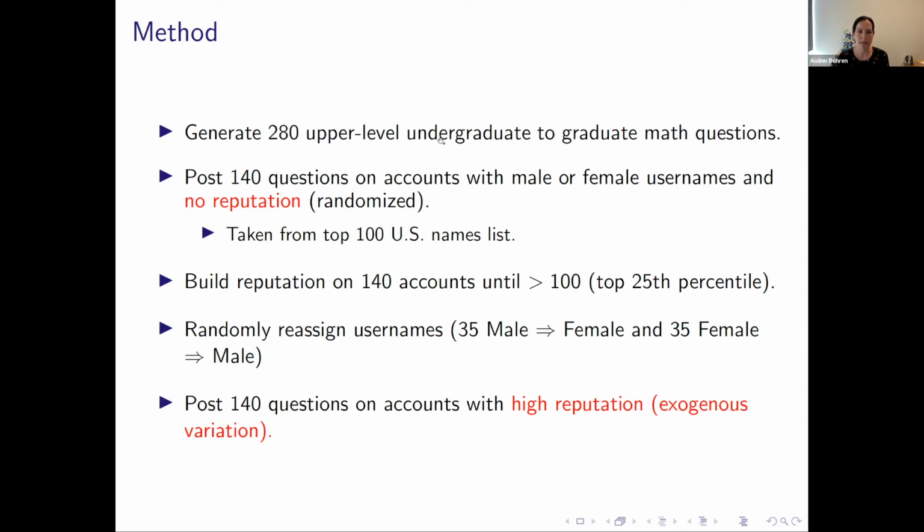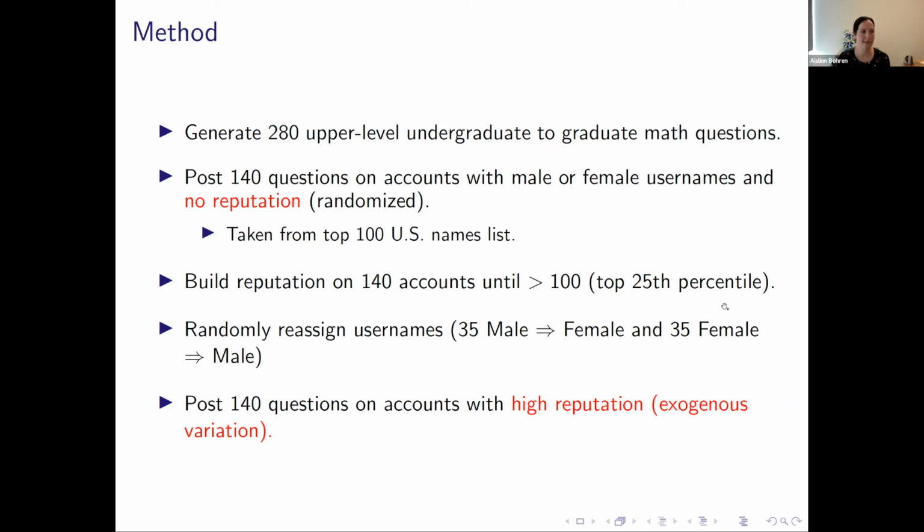We posted 140 questions on accounts with male or female usernames, taken from the top 100 US names list, and no reputation, so they were new accounts. This was randomly assigned so that on average, the quality of the questions was similar across the two sets of accounts. And then we also built the reputation on 140 accounts until it was at least 100, which at the time of the experiment was the top 25th percentile on the site.